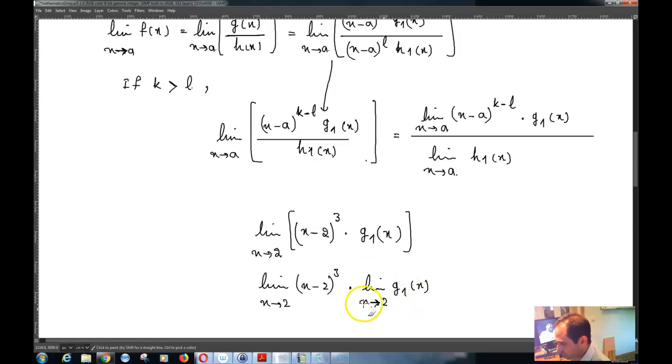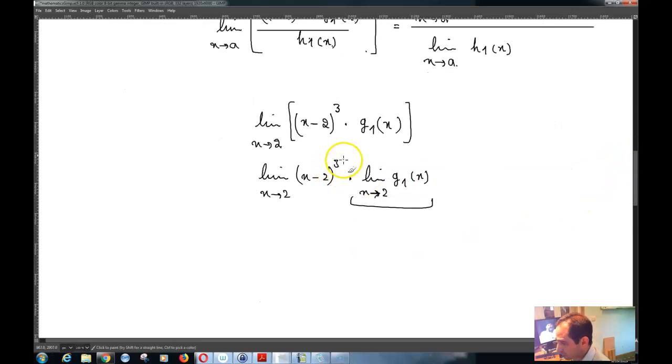Now the limit of g1(x) as x tends to 2, whatever that might be, we're not interested in that. But (x − 2) raised to the power 3, you can think of that as a function.